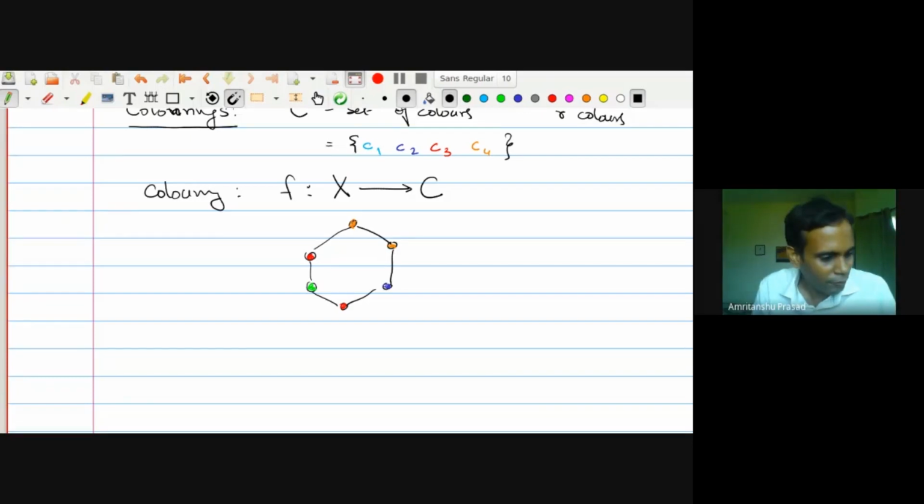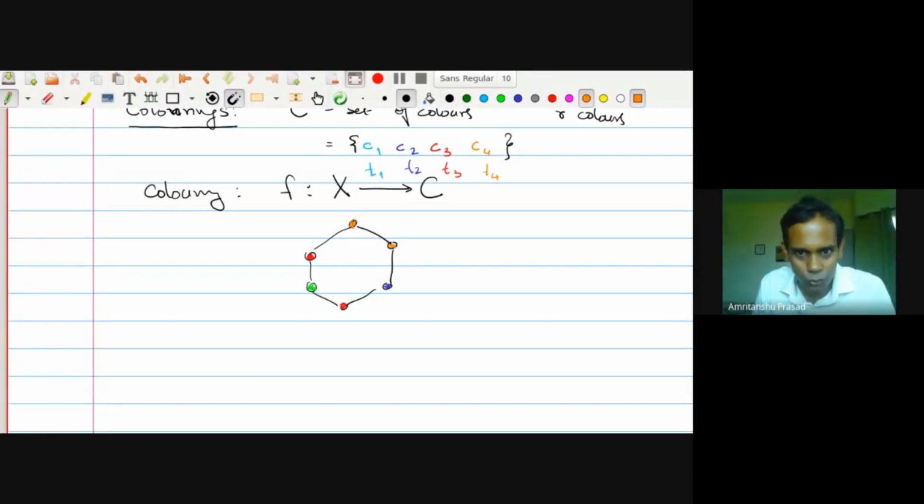And now we will turn this into something somewhat algebraic. So I will talk about the weight of a coloring. To each of these colors, I will associate a variable: t1, t2, t3, and t4.